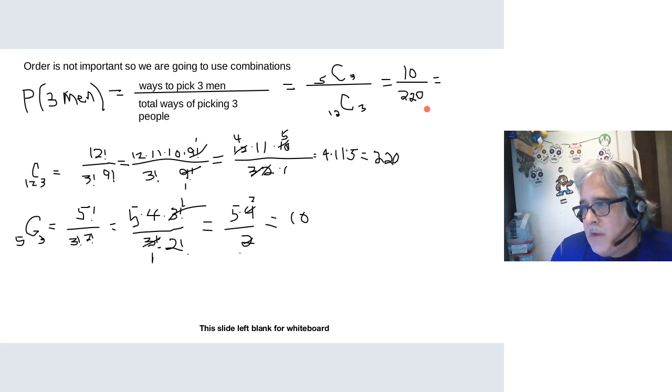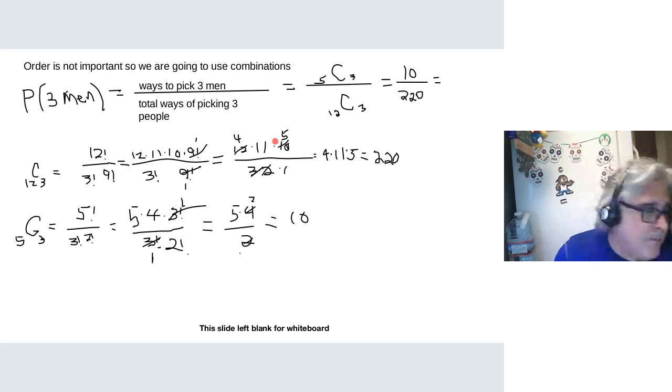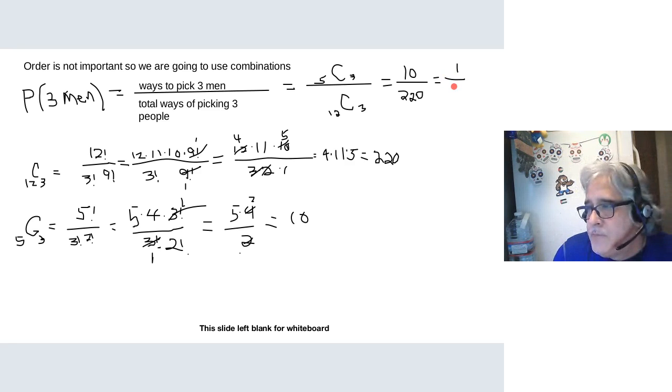And always simplify your fractions down. Pay attention to what you're asked to write it as. If it's a fraction, then it's a simplified fraction. Always. So 1 over 22. If it says write as a decimal, something like this, it would have to tell you what to round to, because 1 over 22 is a repeating decimal.